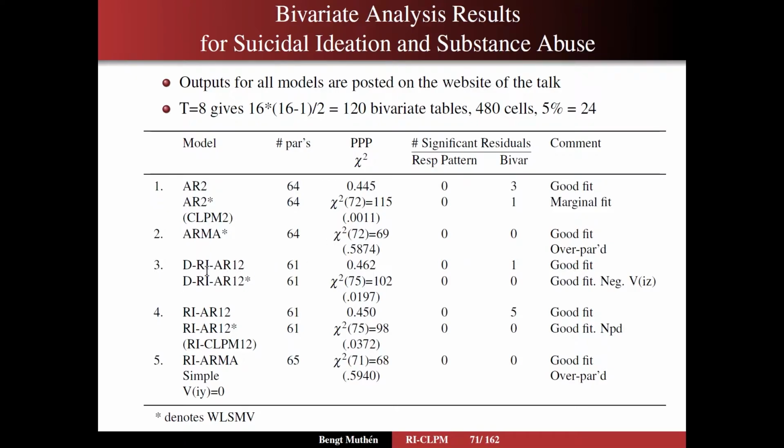Adding a random intercept to the model, we have found that having AR1 for the first process and AR2 for the second works well. So this is then getting a good fit for Bayes and a reasonable fit for WSMV as well.